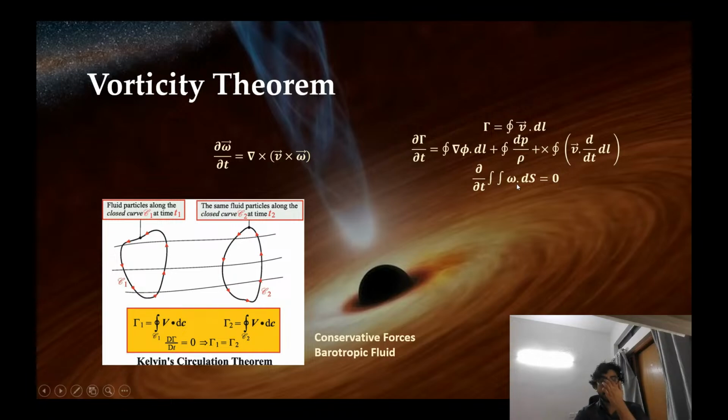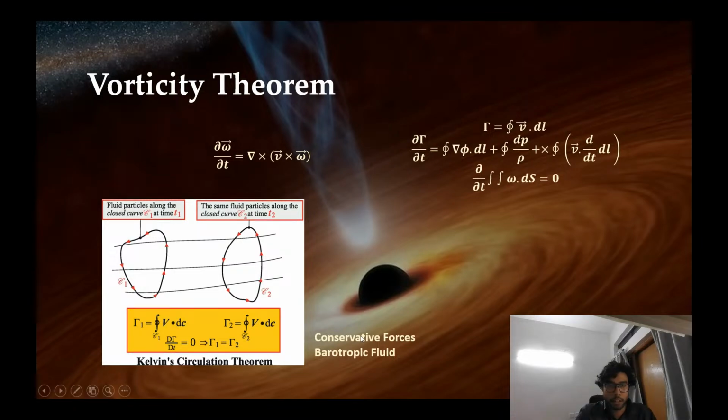Another way of physically understanding this theorem is that within this surface, the vorticity will remain constant over time, right? Whatever vorticity you have in this surface at this instant of time, at any instant of time, it will remain constant.